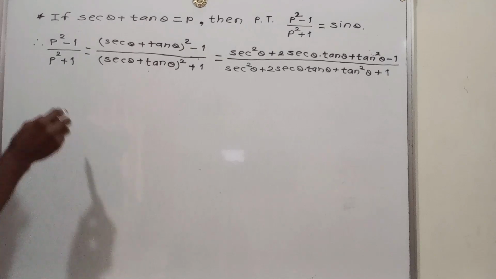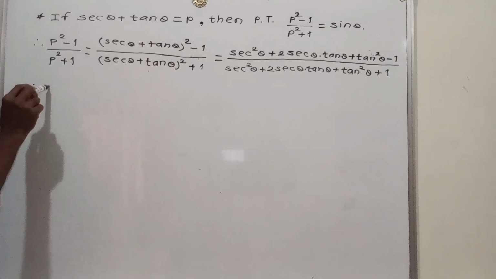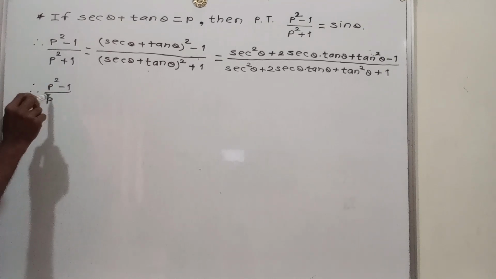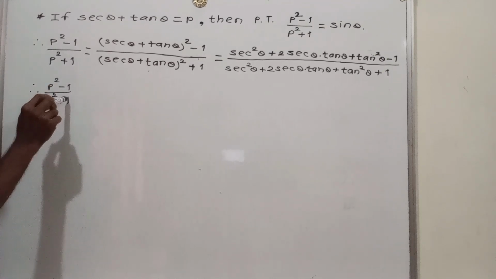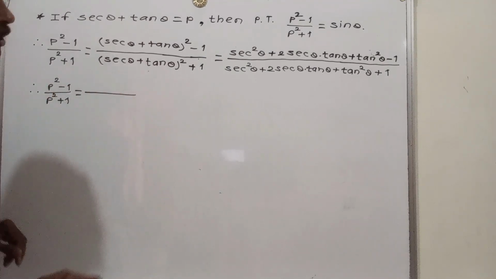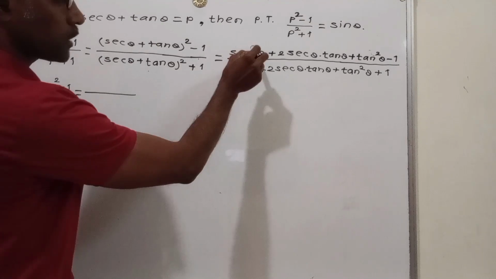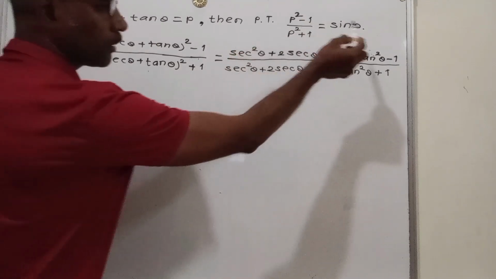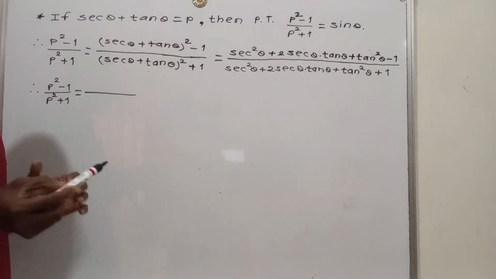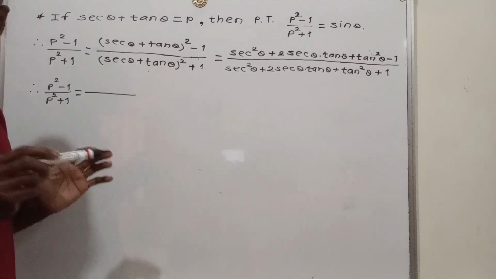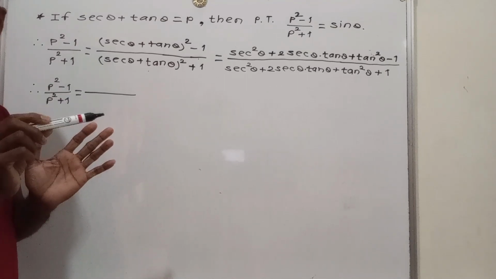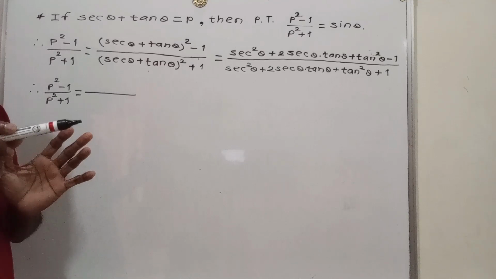Now we write here P square minus 1 upon P square plus 1 is equal to, see this carefully. Now here sec square theta minus 1. Sec square theta minus 1 means there is a formula. What is the formula?